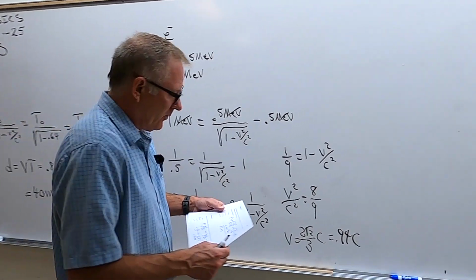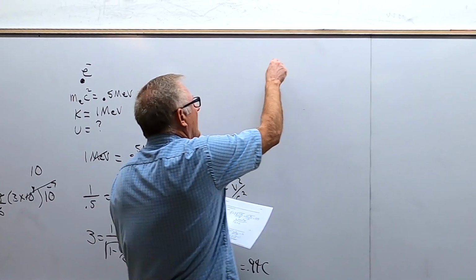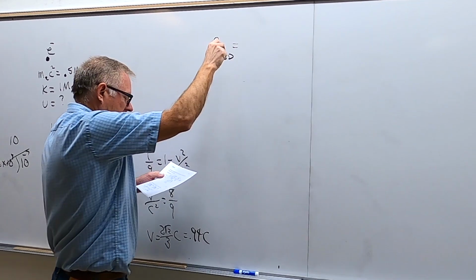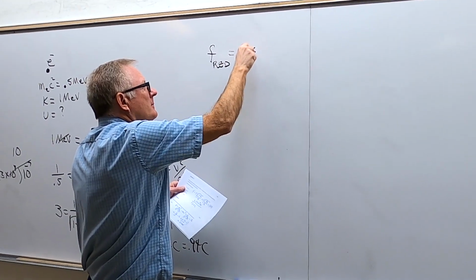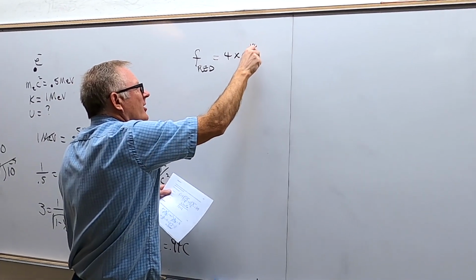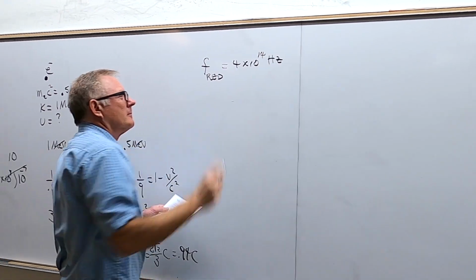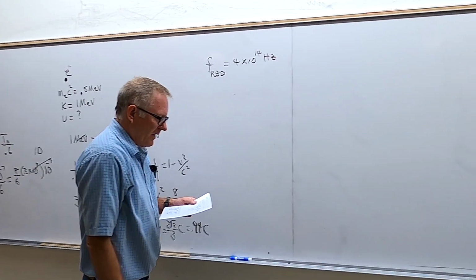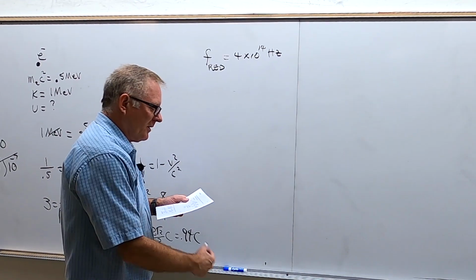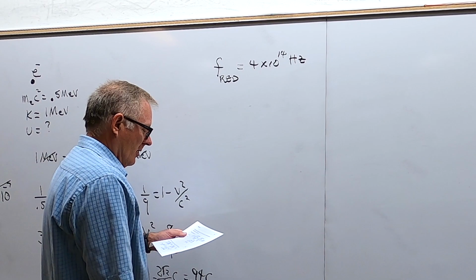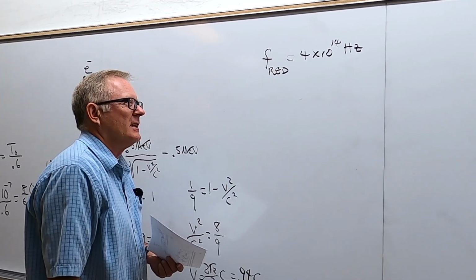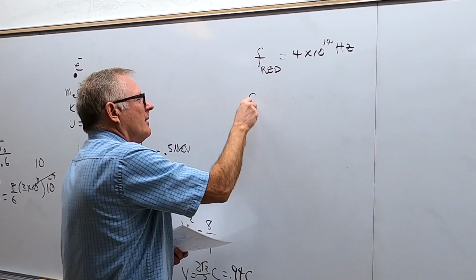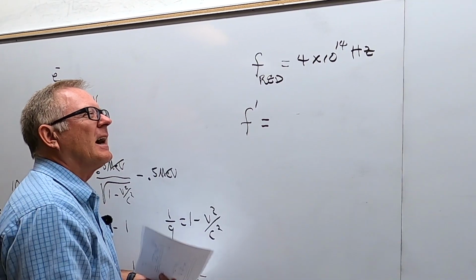Question number 3 was, they said the frequency of red light is 4 times 10 to the 14 hertz. Now it says if an observer ran at c over 2 toward the red light, what would he measure the frequency to be? Well, now he's running towards it, so the frequency is going to be higher.